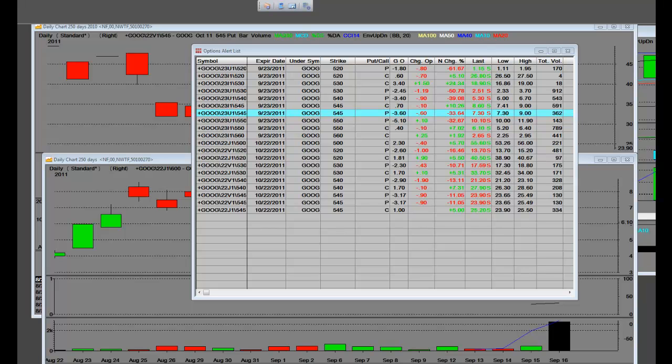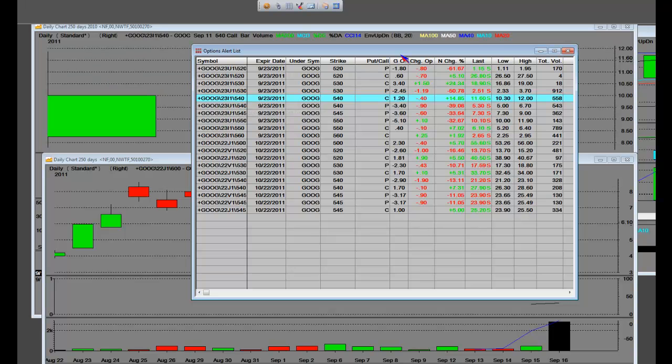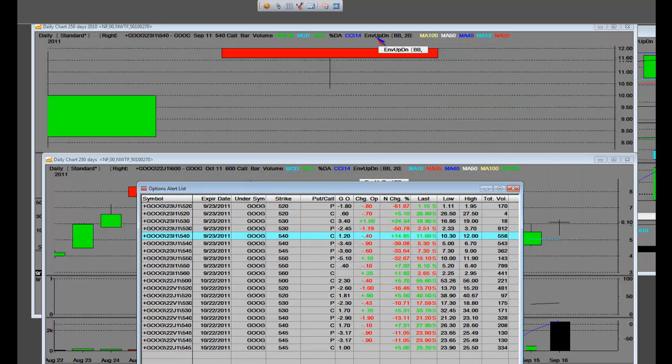And we would be looking at this 540 call on the weekly. If Google wants to drop down, hold support, and burn higher to 552, well, of course we're going to buy this call weekly right here. It's way up here at $12.